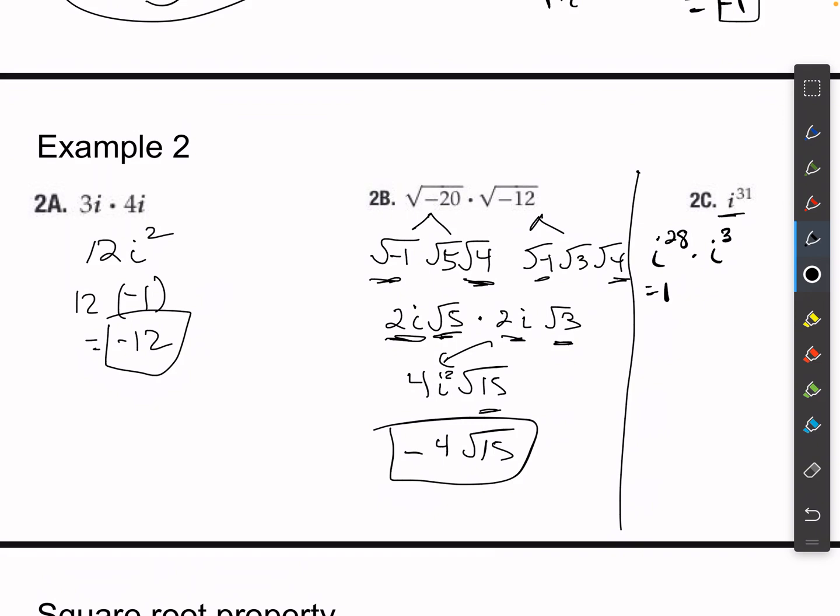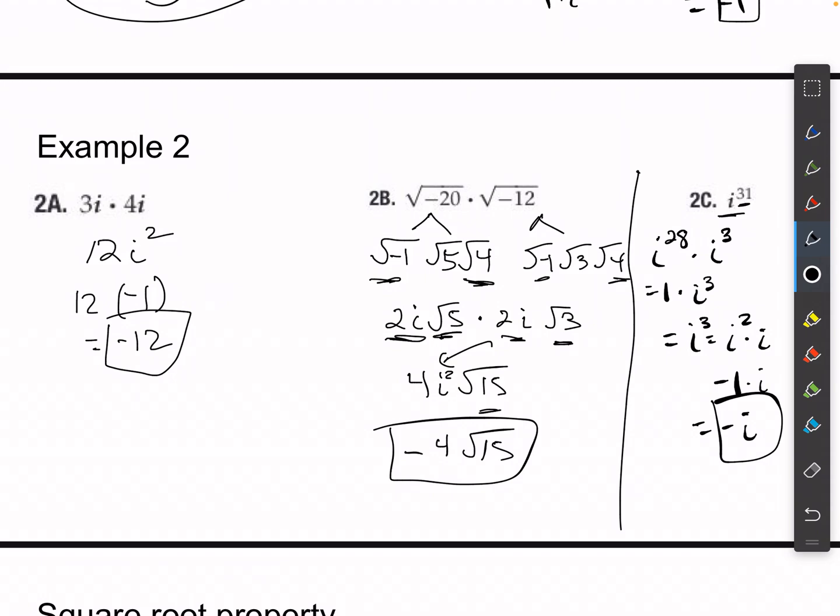Because 28 plus 3, when you multiply these exponentials, you add those exponents. So you're left with 1 times i to the 3rd. Well, if you memorized your chart, you know what i to the 3rd is. If you don't, you might have to go back to your basic definition of i and i squared. So you could say, i to the 3rd is equal to i squared times i. i squared is -1. -1 times i gives you -i.